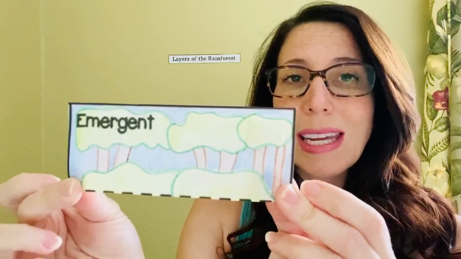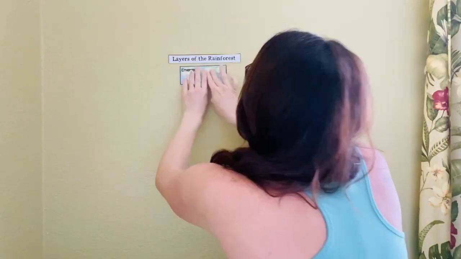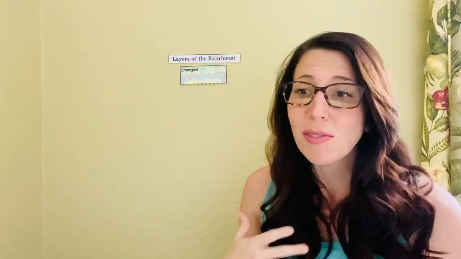Now, the very first layer of the rainforest, the top layer, is called emergent. This layer, because it's on top, receives direct sunlight and direct heat from the sun. So the plants and animals that are up there have to adapt to that bright sunlight.